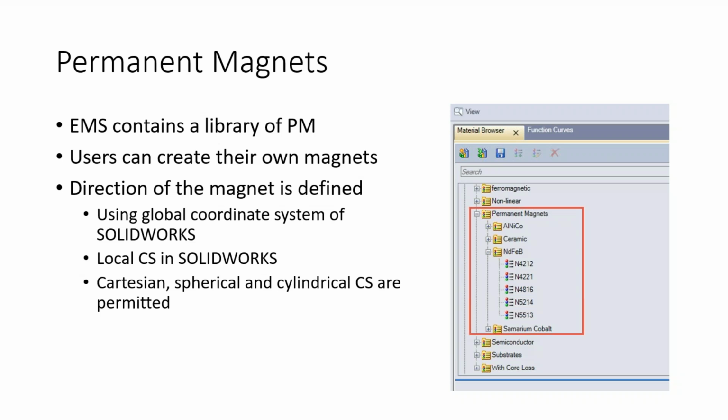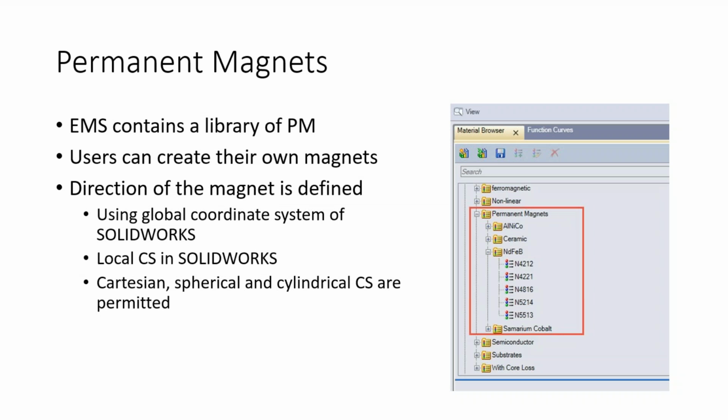Since the EMS material library is completely customizable, users can create their own magnets and use them for simulation. This is really the first step involved in using permanent magnets in an EMS simulation: you need to have the permanent magnet in your material library.